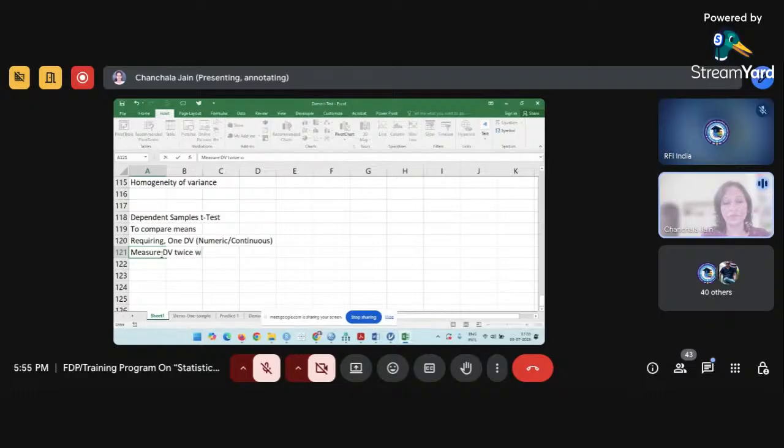Within a certain period of time interval, right? So this you need to understand. Suppose I want to compare the performance of my students, before teaching them, how they were performing, and after teaching them, how they are performing. Suppose I am introducing a new subject to these students.